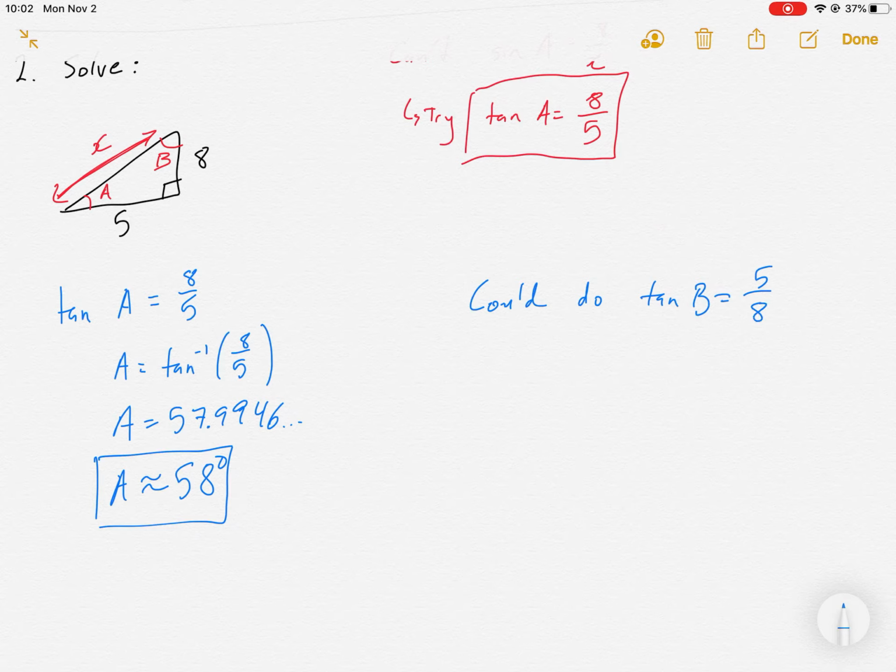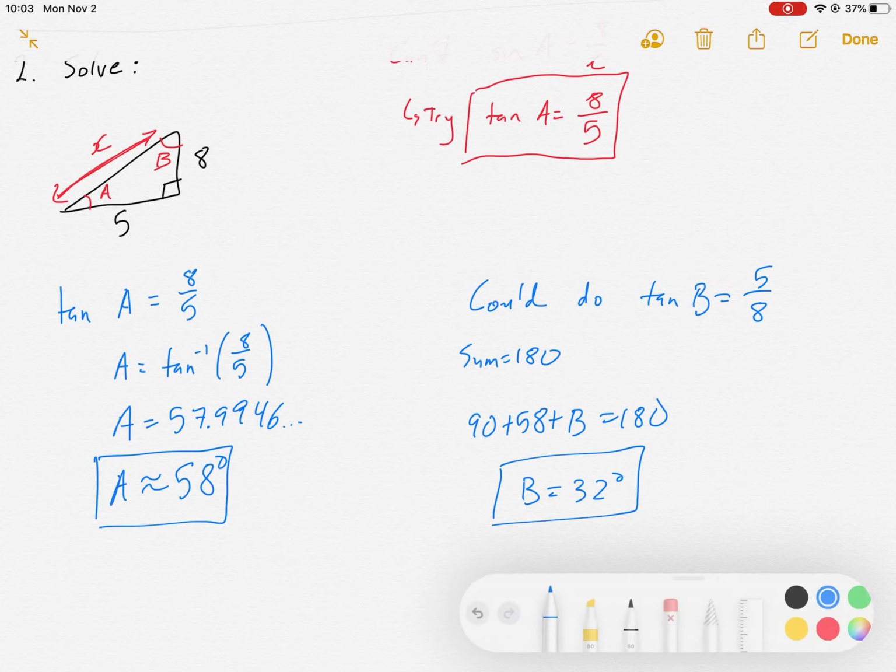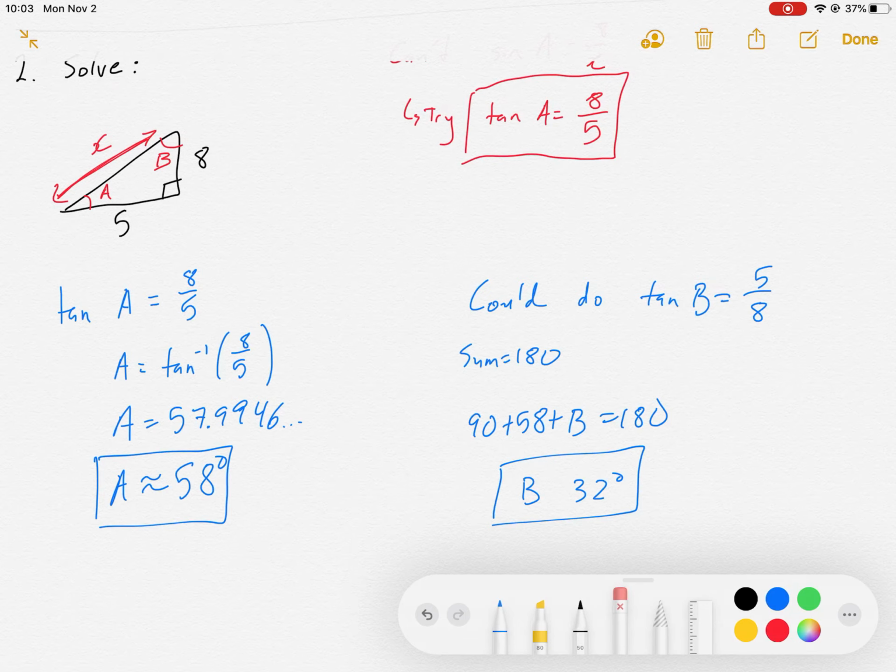But I think it'd probably be easier just to say that the sum is 180, because we now have two angles. 90 plus 58 plus B has to equal 180. So that means that B actually equals 32. So B is 32 degrees. I should probably use approximate here since A was approximate.